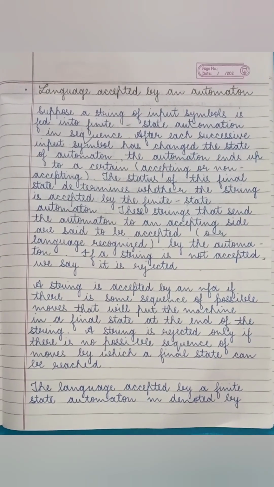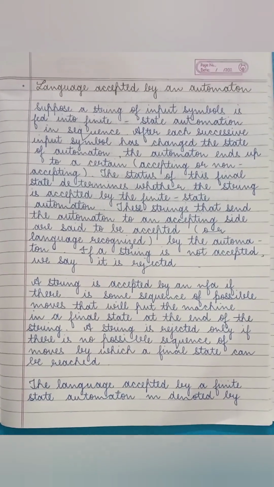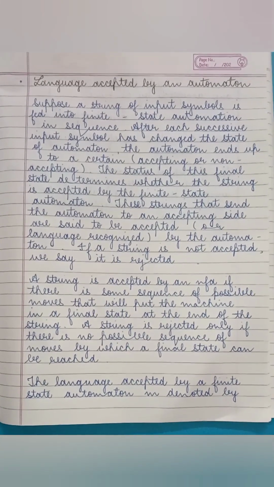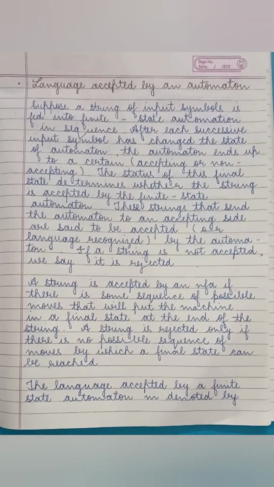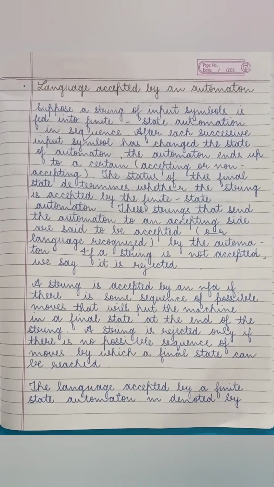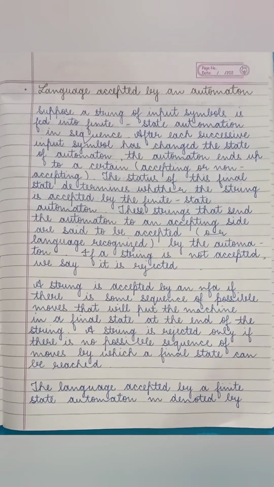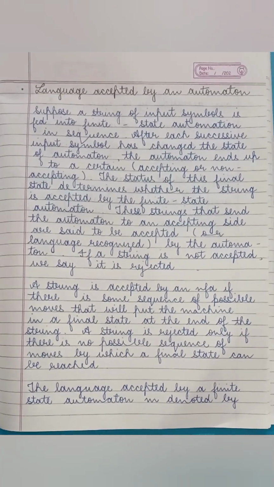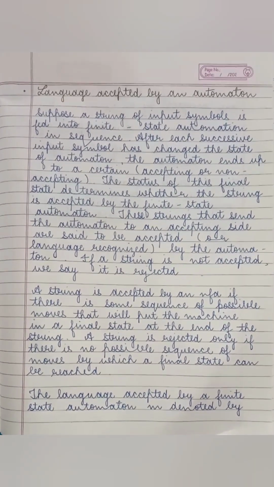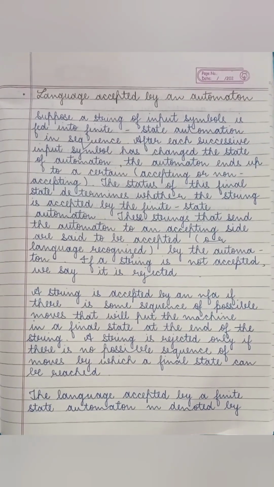A string is accepted by an NFA if there is some sequence of possible moves that will put the machine in a final state at the end of the string. A string is rejected only if there is no possible sequence of moves by which a final state can be reached.